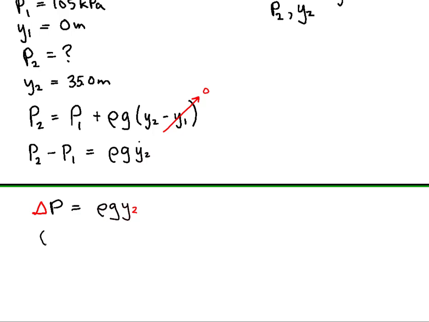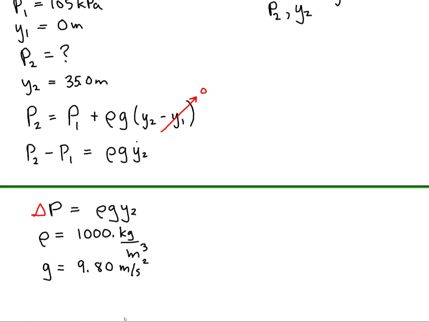Now remember, the density of fresh water is 1,000 kilograms per meter cubed. Free fall acceleration of gravity is 9.80 meters per second squared.